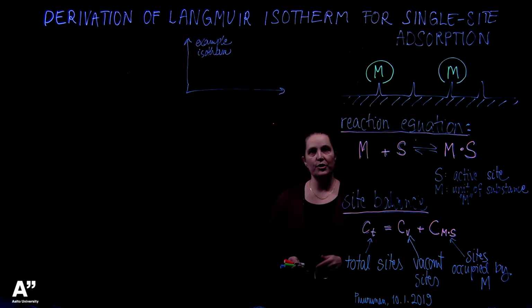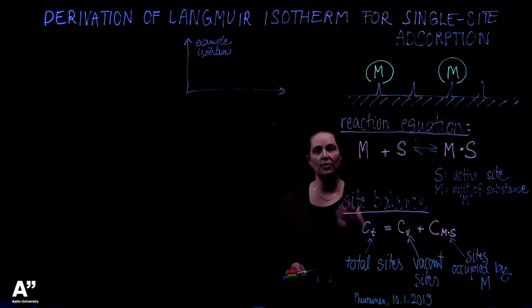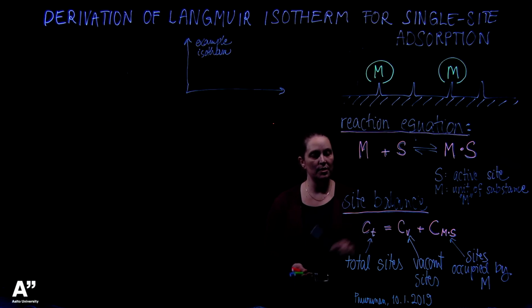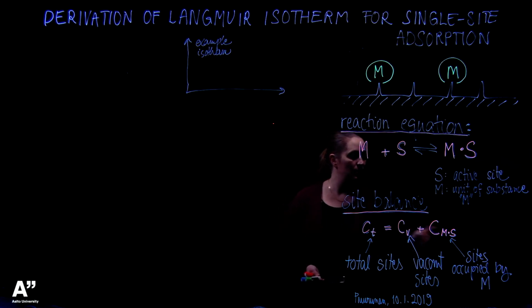We will also consider the site balance. So as depicted here, the total number of sites is constant. We are denoting the total number of sites C_T, T stands for total, and some of the sites are vacant, and the concentration of those sites is denoted with C_V, and some of the sites are occupied by our substance M, and the concentration of those sites is denoted C_M·S.